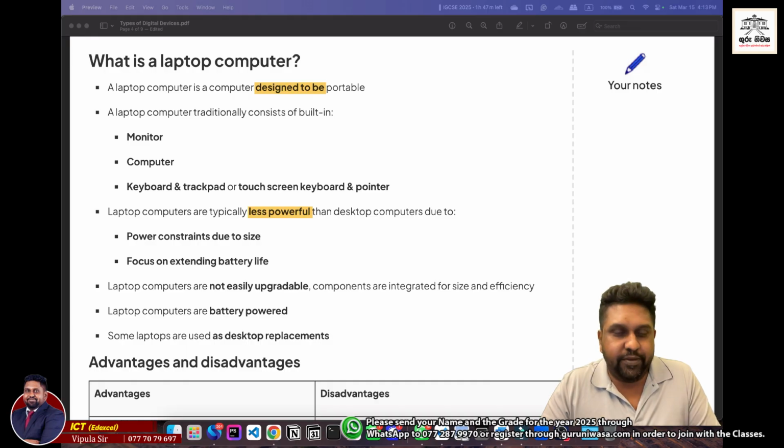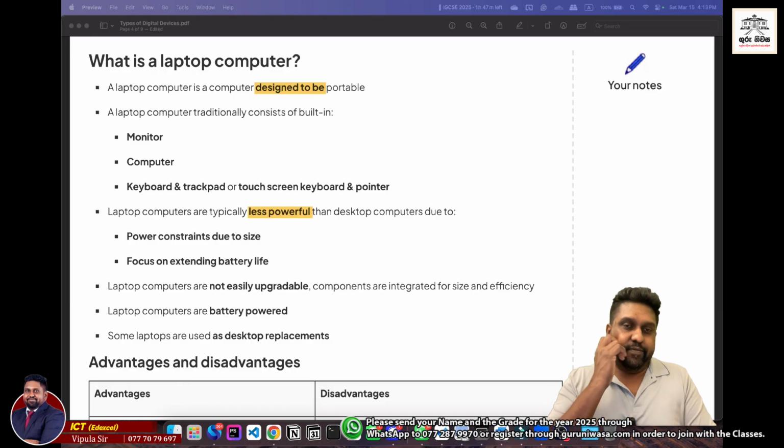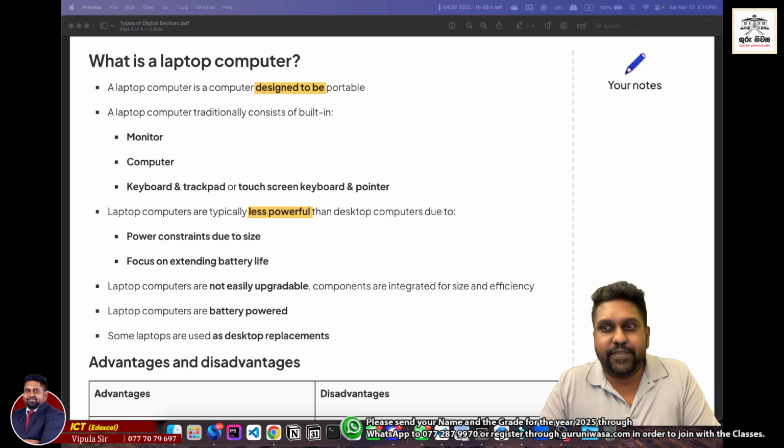Because everything is packed into a small form factor, the power constraint is going to be a massive point. Ideally, if you take a desktop computer power supply, you can easily go for a power supply of more than 1000 watts or so.